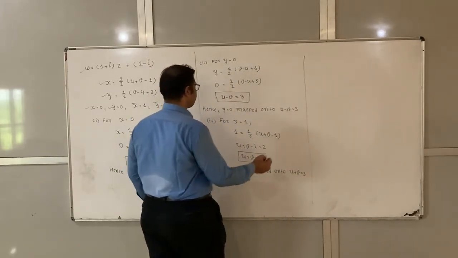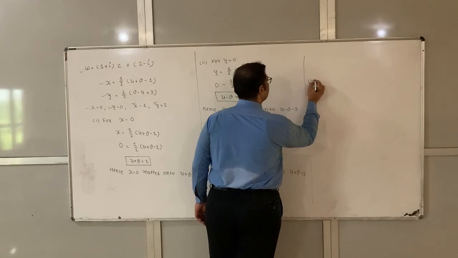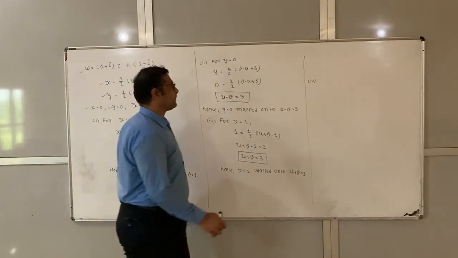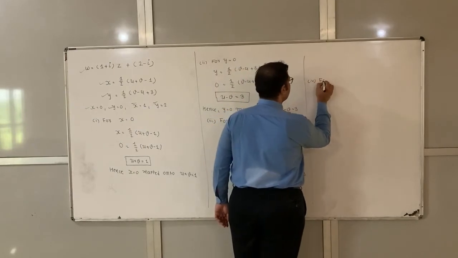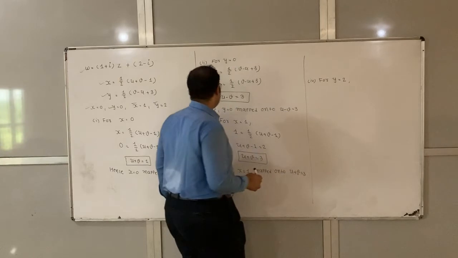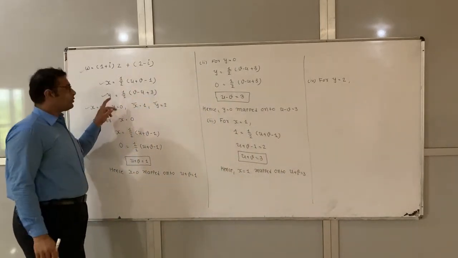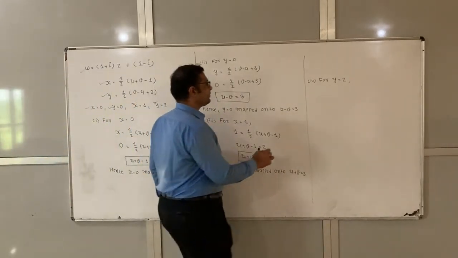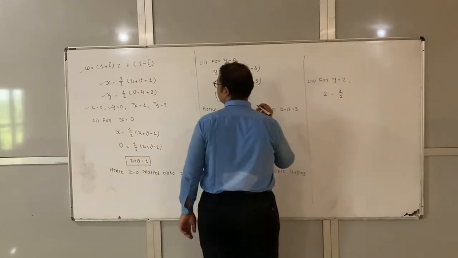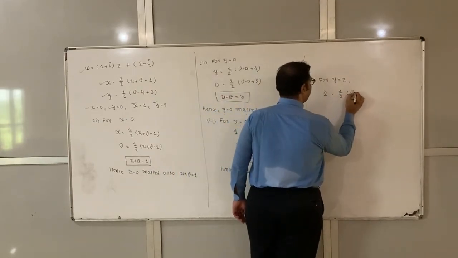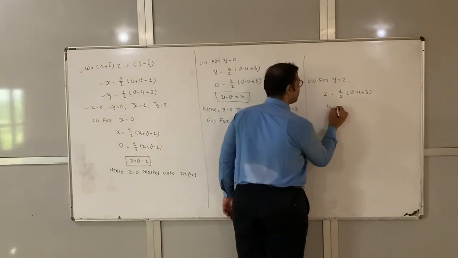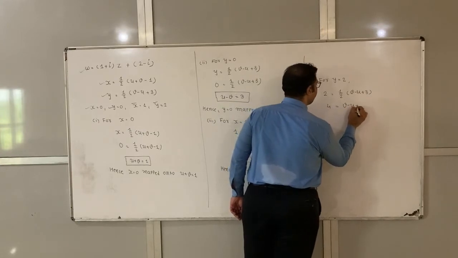Now the fourth equation, y is equal to 2. We have the equation of y, so put y is equal to 2 in this equation, so 2 is equal to 1 upon 2 times v minus u plus 3. Now 2 into 2, 4 is equal to v minus u plus 3.